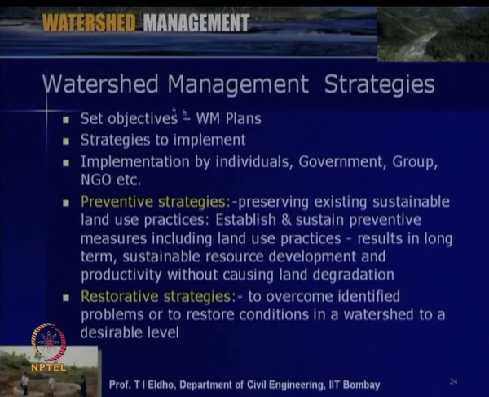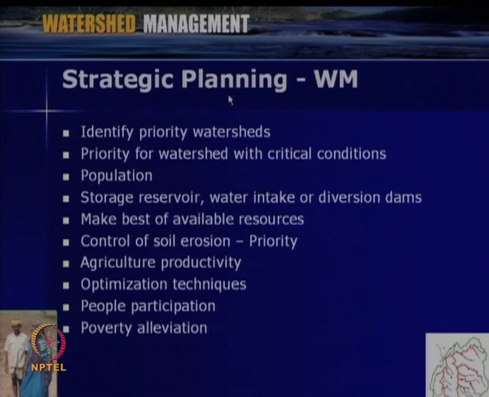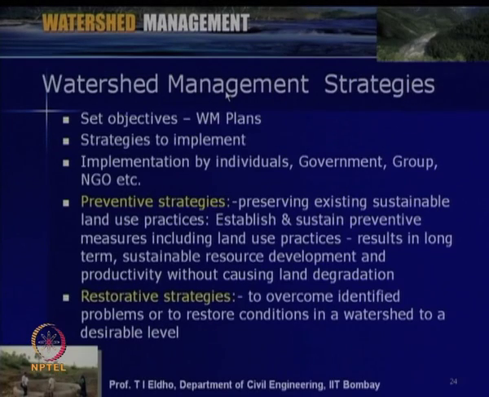So, now as far as watershed management strategies are concerned, as we saw in the previous slide, the strategic plans we can prioritize and then make. First we can set the objectives, then we can choose the strategies to implement. Then implementation can be by individuals, government, various groups or NGOs.